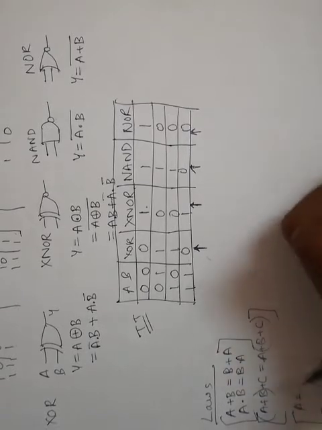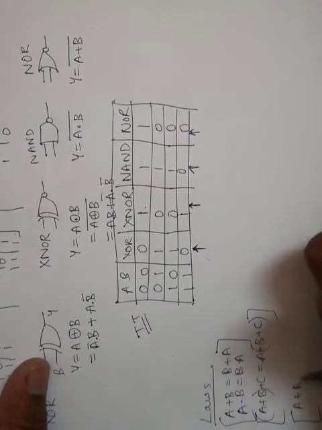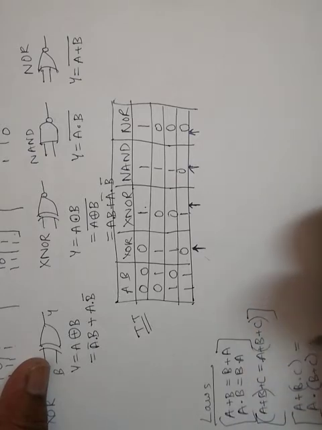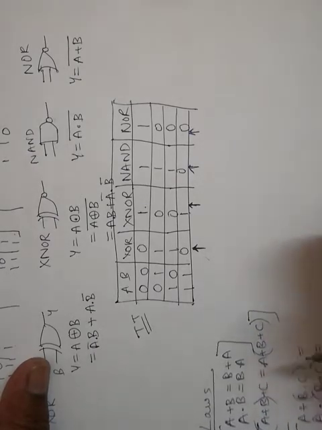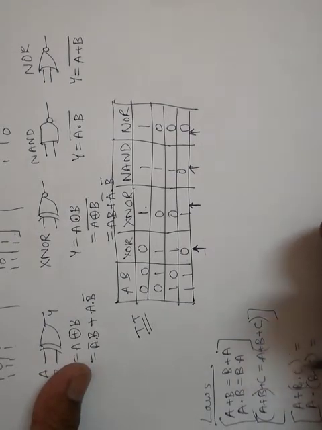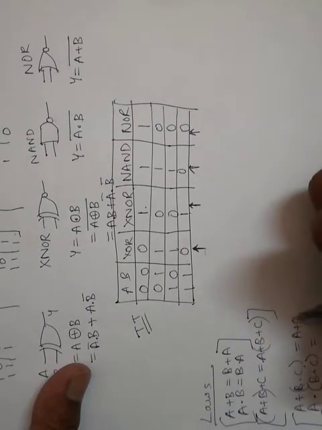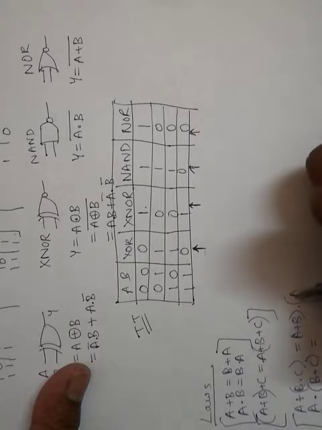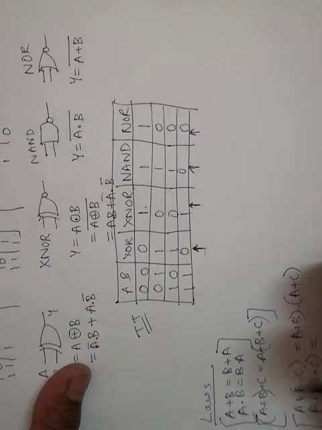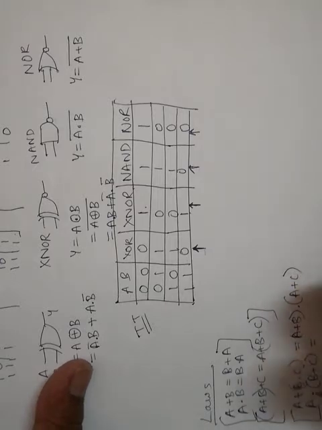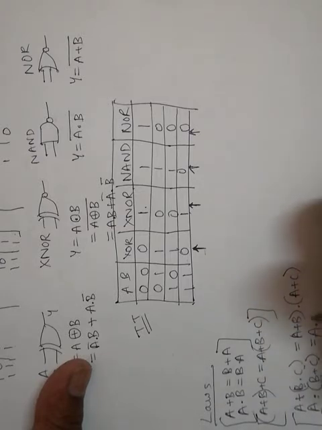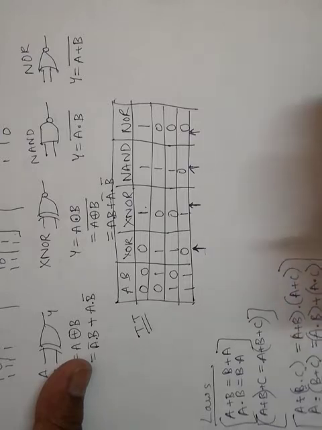Distributive law, A ORed with BC equals A ORed with B, ANDed with A ORed with C. Distributive law tells how this sign is distributed. This sign is distributed to B, C as A or B ANDed with A or C. This sign is distributed to B and distributed to C. Similarly, this AND symbol will be distributed to these two letters, A and B ORed with A and C. So these are our three different laws.